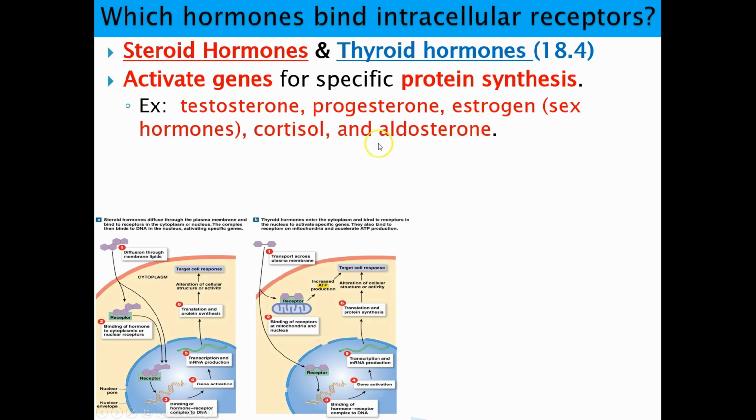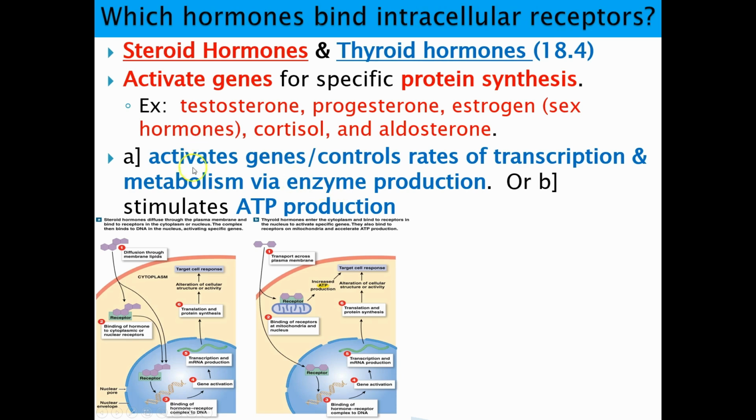Of course, thyroid hormone is also a lipid-soluble hormone. Make sure you understand it's lipid-soluble, but it is not a steroid derivative. This hormone can also activate genes, and it essentially controls the rate of transcription, but notice it can also bind to a membrane on the mitochondria. Remember, the mitochondria is made up of membranes. And so notice option B is it can actually stimulate ATP production, and that's how it really regulates metabolism.